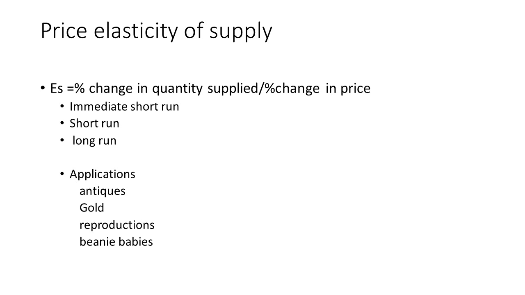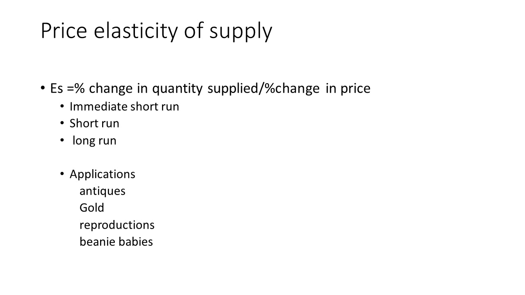Now, the thing that really determines the elasticity of supply is the amount of time allowed for change. And we identified 3 periods of time. One's the immediate short run. In the immediate short run, supply cannot change very much. So in this case, percent change in quantity supplied is going to be very, very small for any percentage change in price.